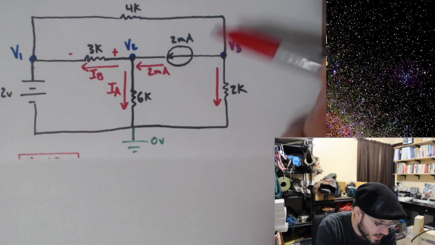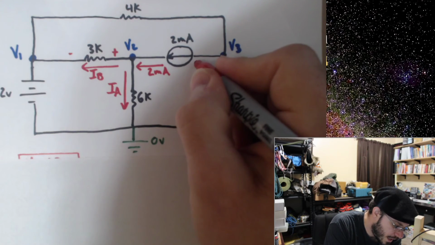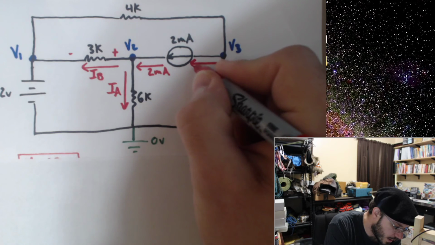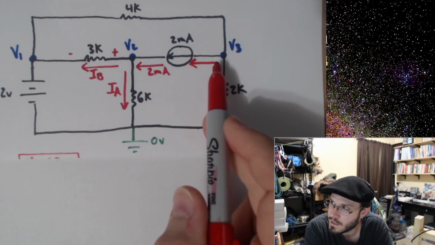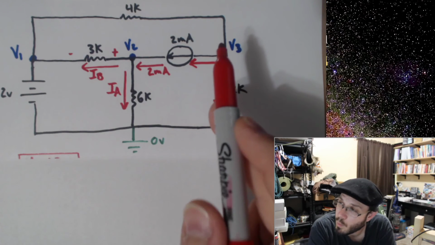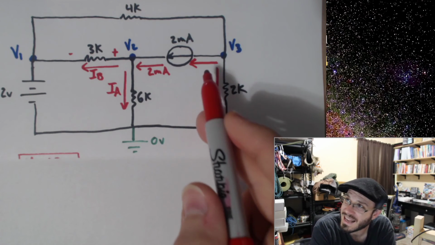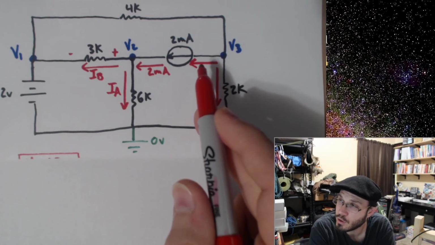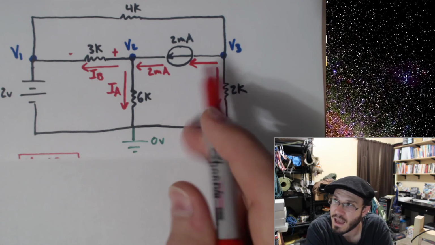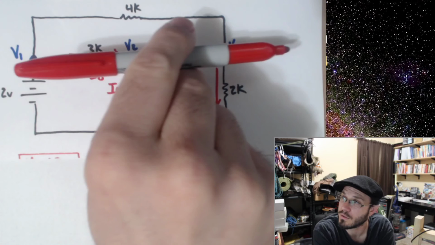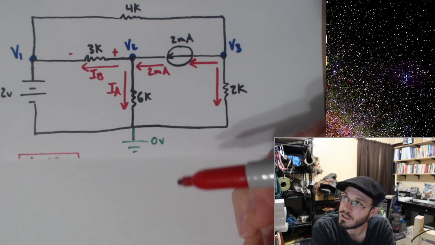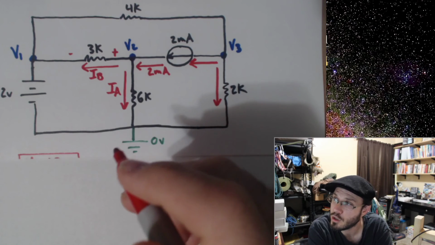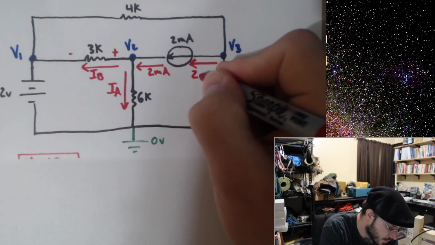For this current source, it's going to the left, so I might as well pick it to go to the left. I could pick this arrow to go in the opposite direction, and there's nothing wrong with that, but I will have to pay attention to the polarity and say that it is minus 2 milliamps, if I picked my current arrow to go to the right. But I didn't. I picked it to go to the left in the same direction, so our polarity stays the same, 2 milliamps.